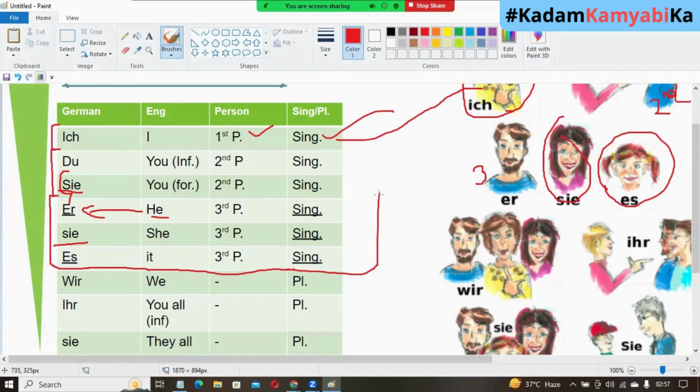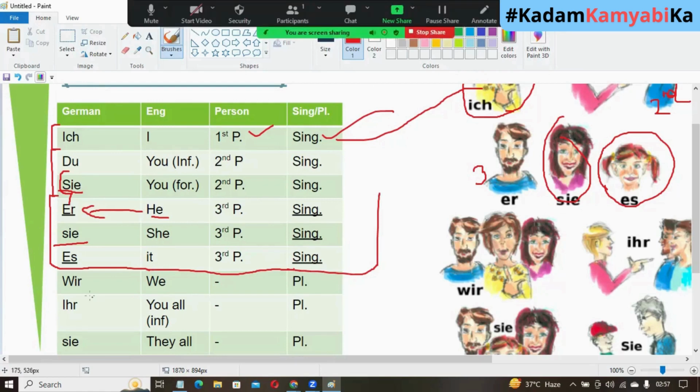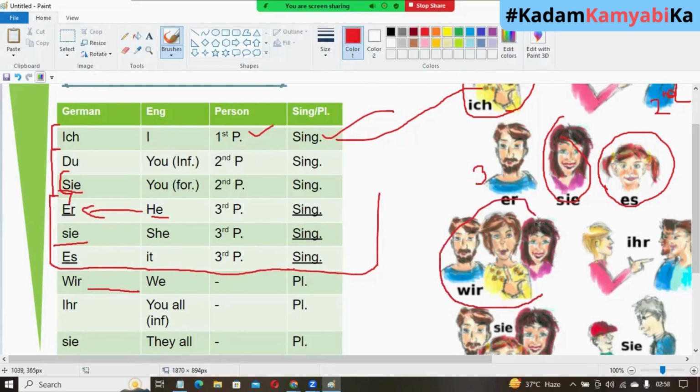Now, if we talk about plurals, that means it is not first person or second person, we are referring to a group of people. So it will be wir. Wir is we. That means we are referring to a group of people.